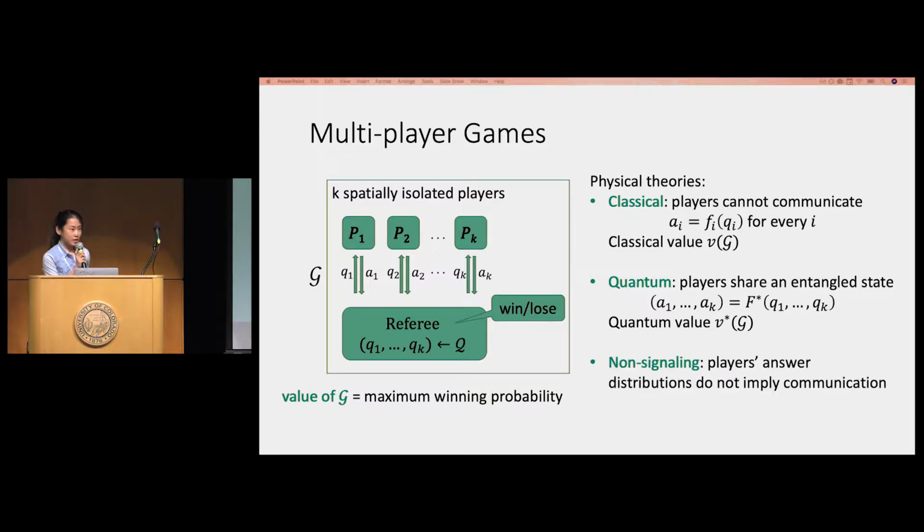Lastly, and the topic of this talk, is non-signaling strategies. Here, we simply require that the players' answer distributions do not imply communication. I'll say more about what this formally means. For non-signaling strategies, we have the non-signaling value.